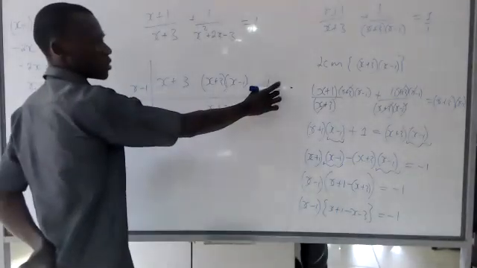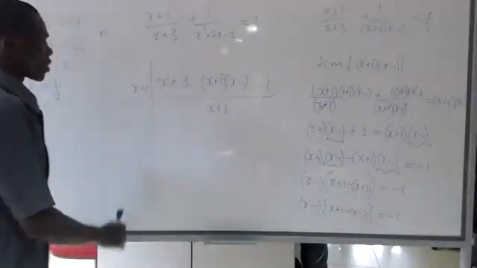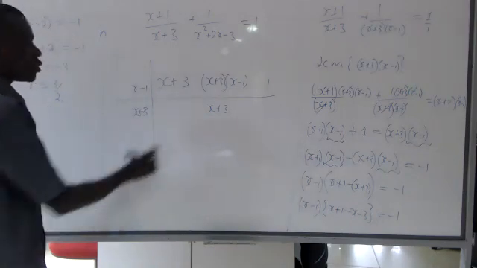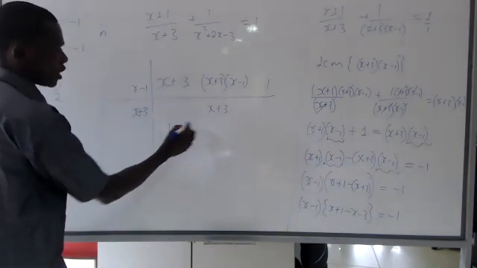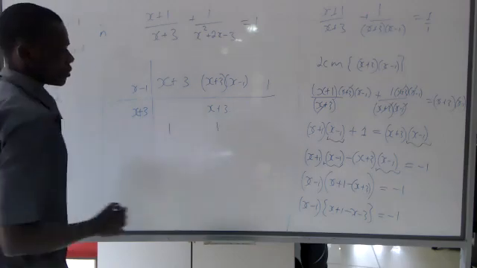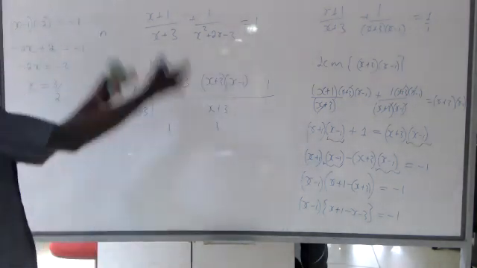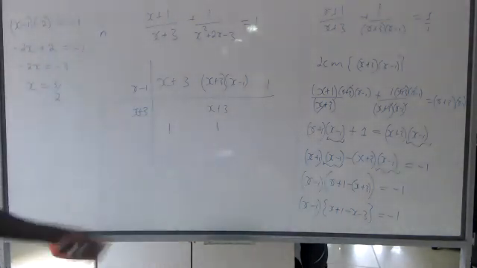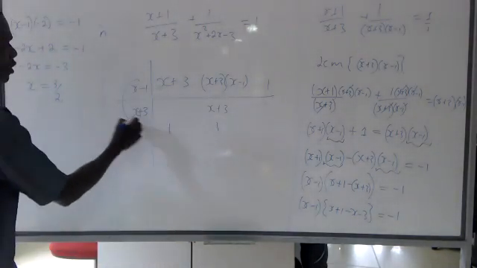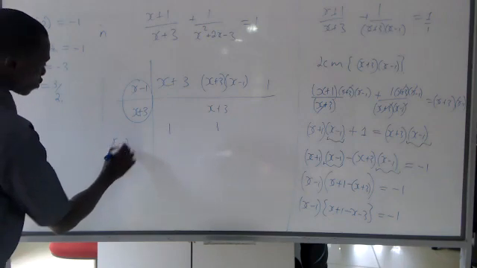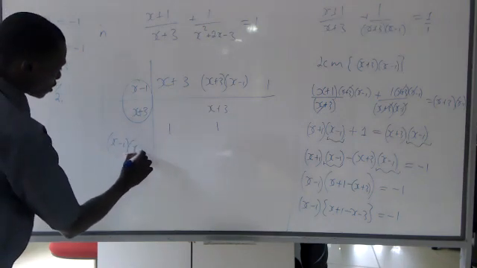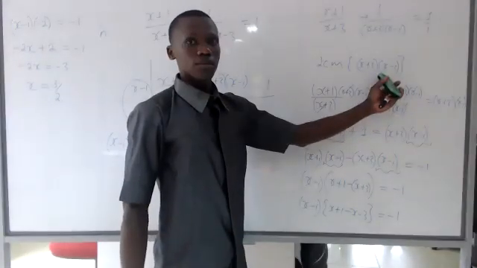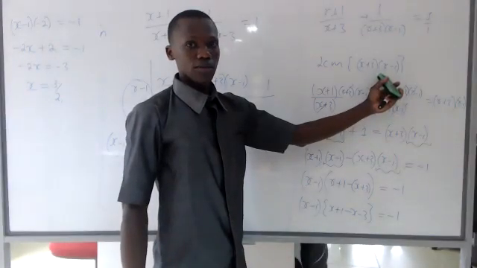And then, of course, it cannot divide 1. Then the next factor is x plus 3, which divides the first term once and divides this term. So we have done the division until for each and every term we have a 1 at the end, so there's no remainder. Therefore, the LCM is this product, x minus 1 times x plus 3. That is how we got this LCM. Is that okay?